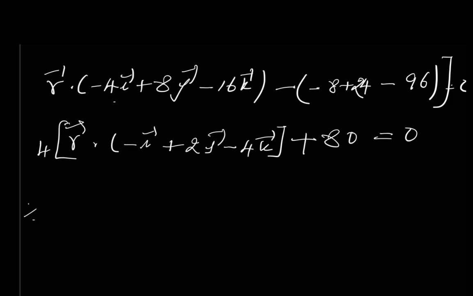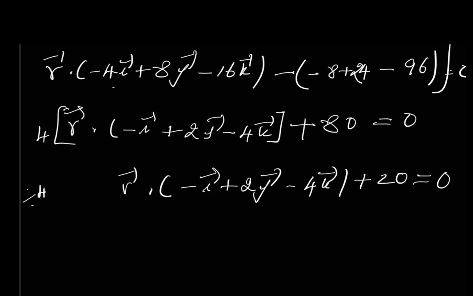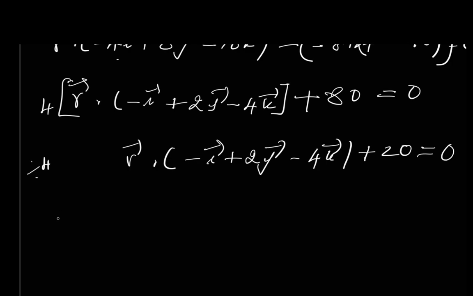Divide the terms by 4. So vector r dot (minus i plus 2j minus 4k), when you divide by 4, you get plus 20 equals 0. This is the answer. Next is the Cartesian form.